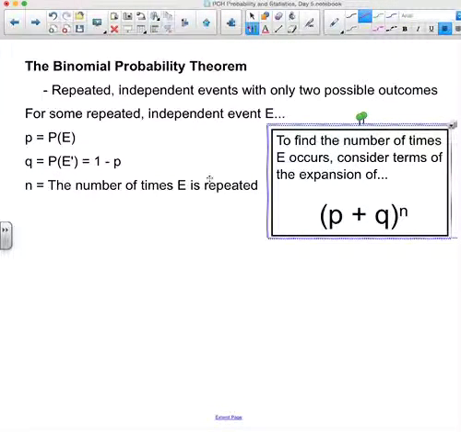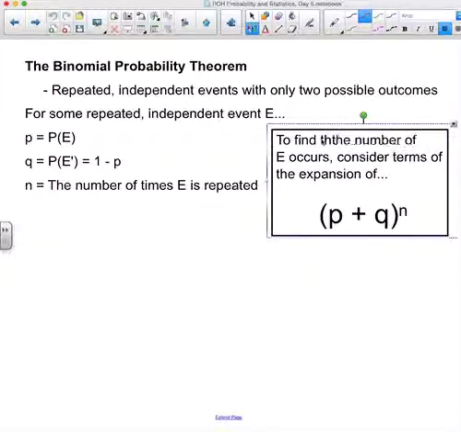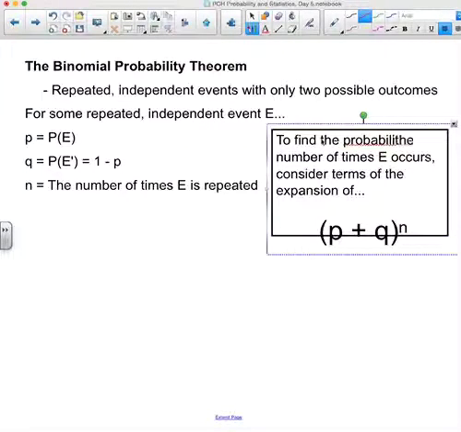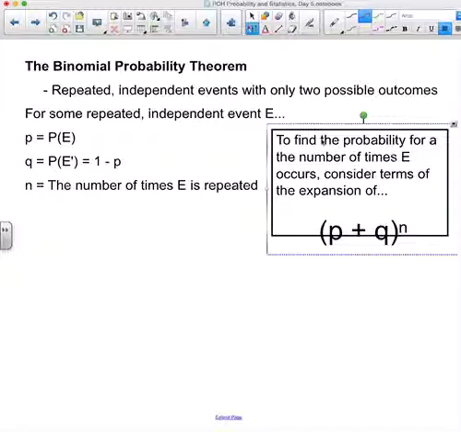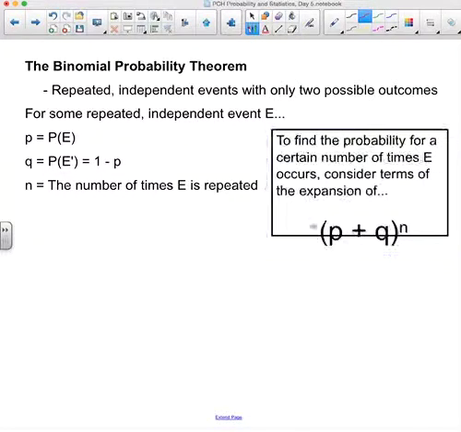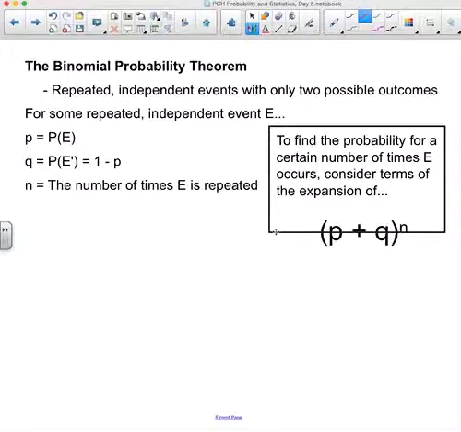To find the probability for a certain number of times E occurs, we need to consider the terms of this expansion. P plus Q to the n power.